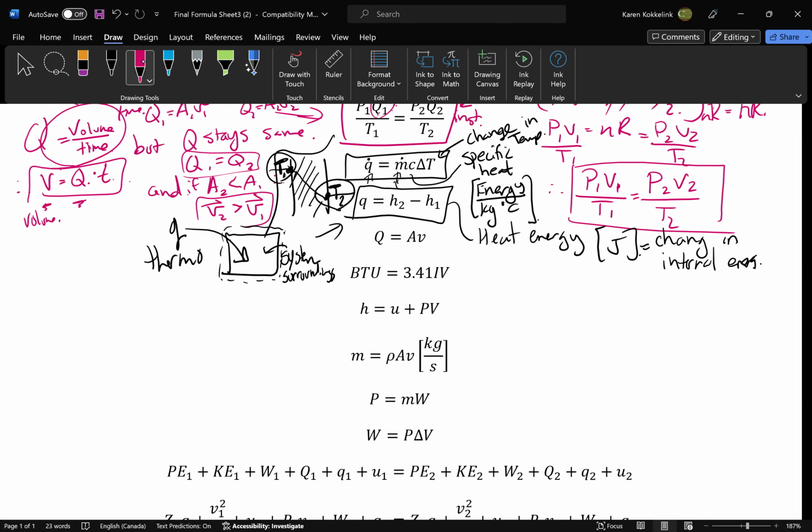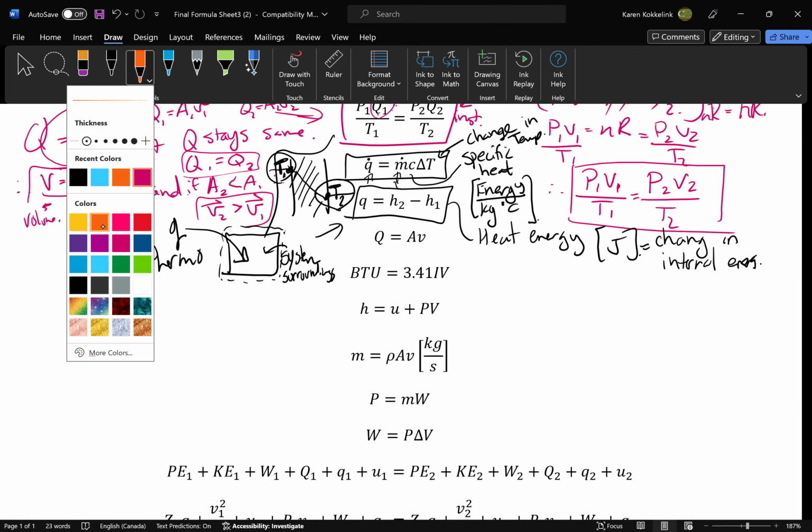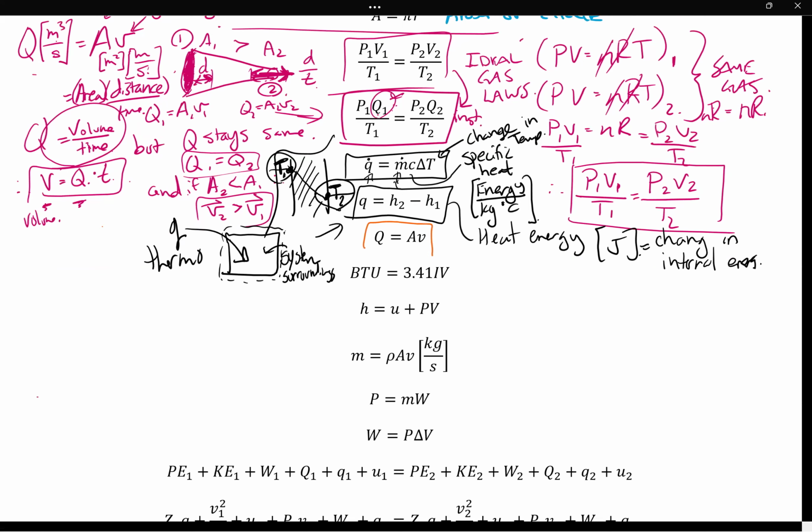Changing my color again. Let's talk about this one. This is Q equals AV, which we talked about above, where let's say now I have a pipe with a large diameter, and it's going to go down to a small diameter here, A1, A2.